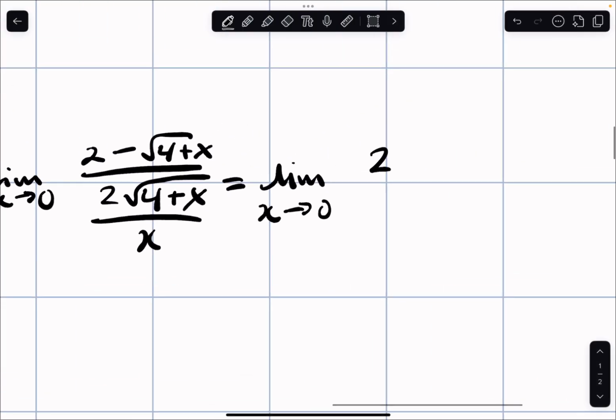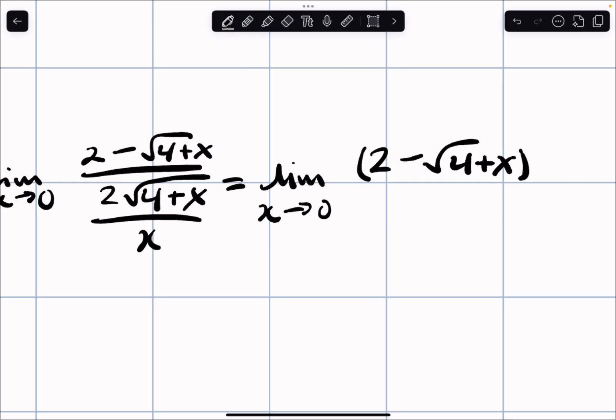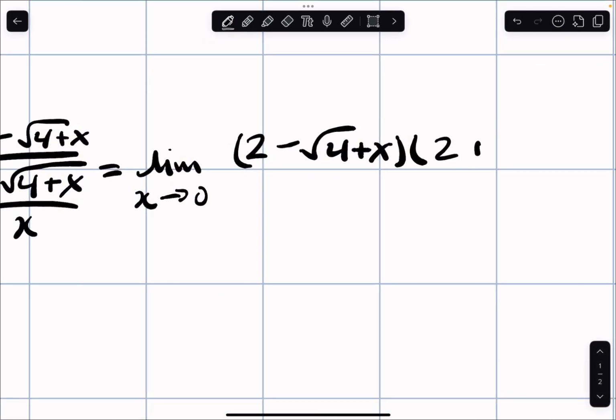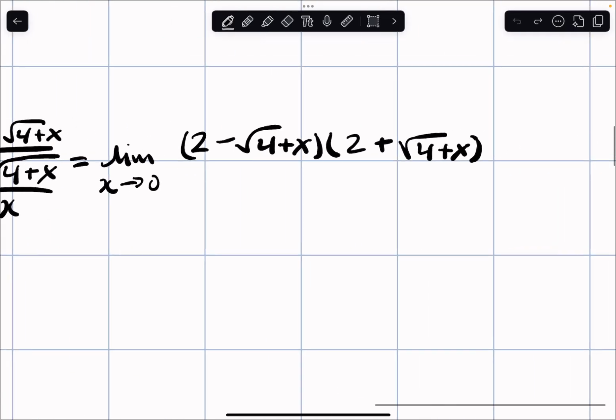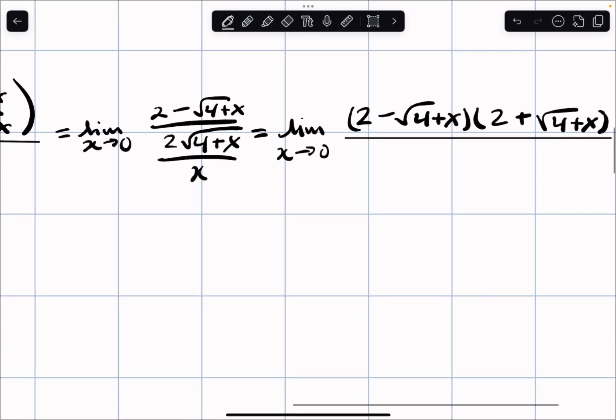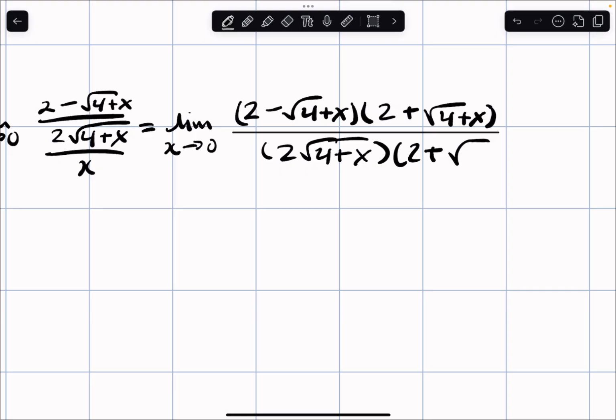So we'll get 2 minus the square root of 4 plus x, times 2 plus the square root of 4 plus x. Times 2 times the square root of 4 plus x, and x. And then we're writing the radical conjugate.